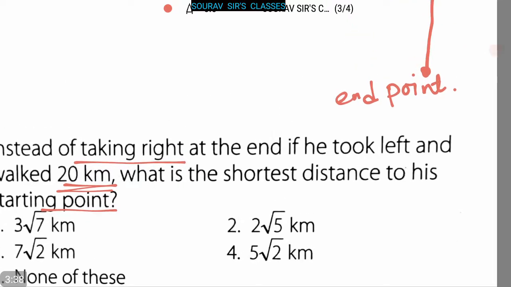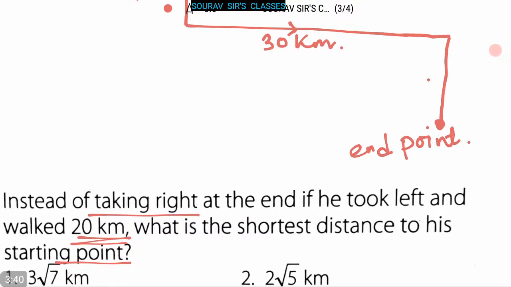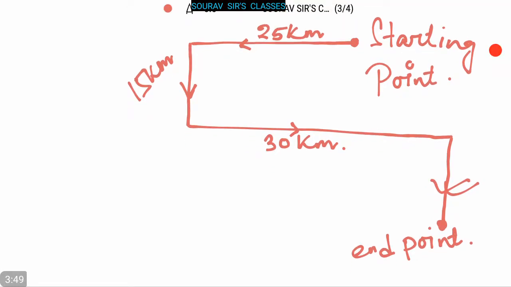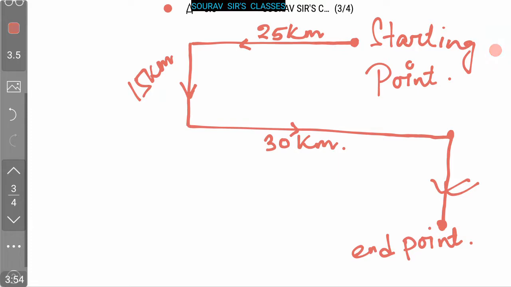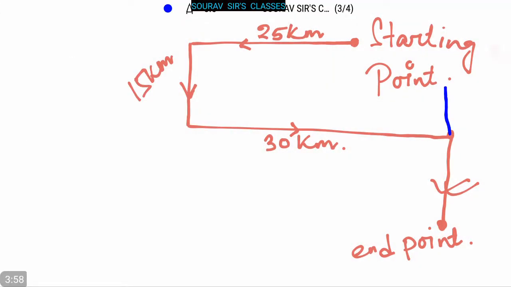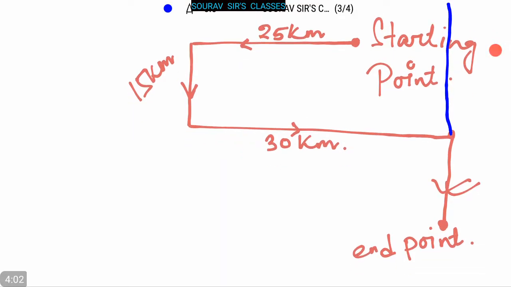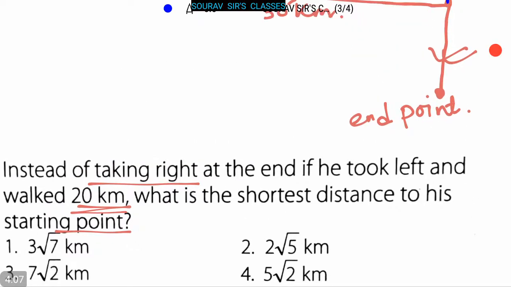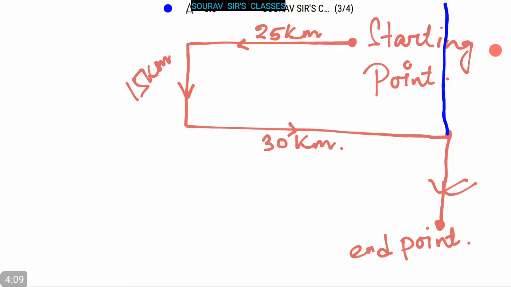At this point he took a right, but if he would have taken a left and walked for 20 kilometers, from this point he would have walked for 20 kilometers on this side. Then we have to find out the shortest distance to his starting point. So we have to find out this distance.